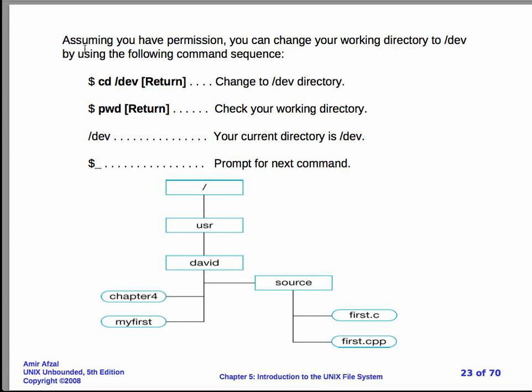If you have permissions to, for example, go to the root directory and then to dev, you can say cd space /dev, return, and that'll change your current working directory to /dev. I think you probably will have permissions. Let's just try that.